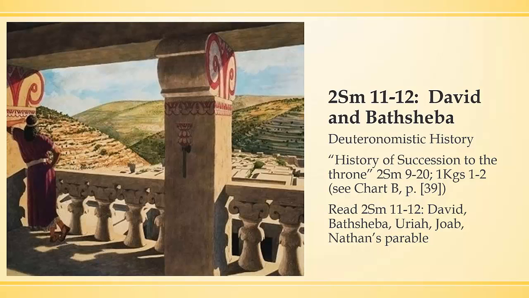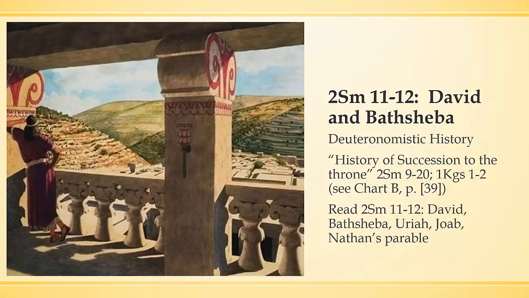So notice this is a literary genre that was often used by Jesus, but the genre of the parable was not something new that Jesus created, but something very ancient, going back to the first and earliest prophets. Nathan's parable, as you read in chapter 12, is about a rich man and a poor man.